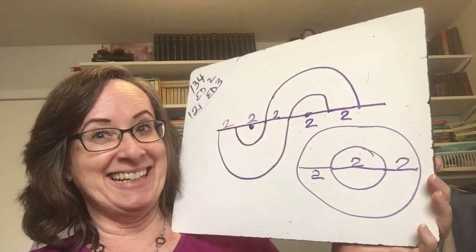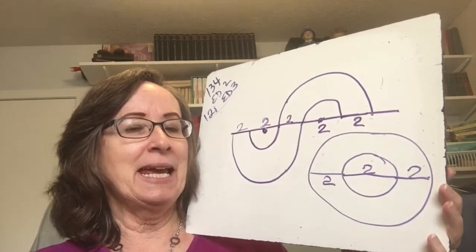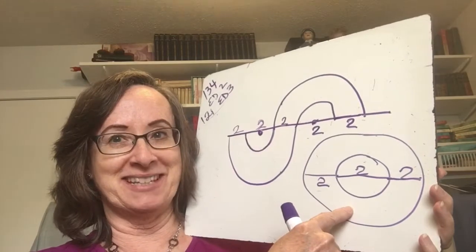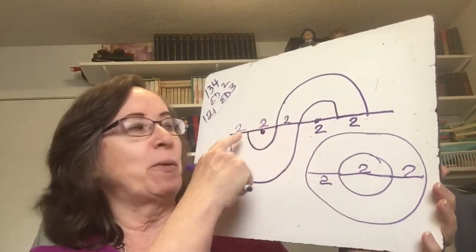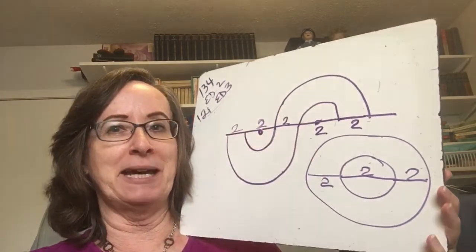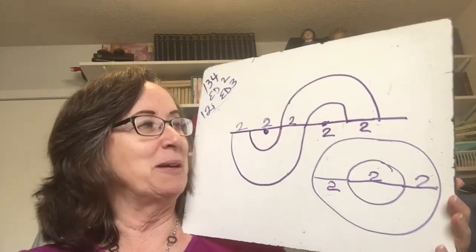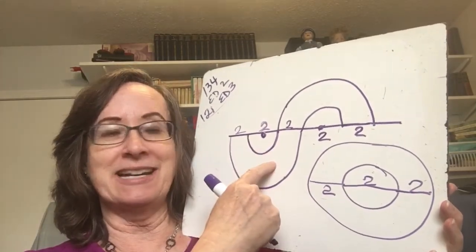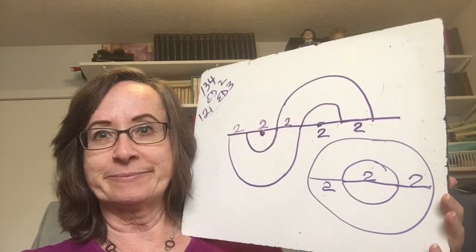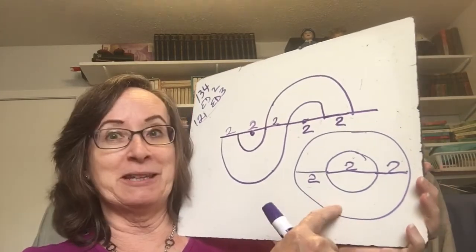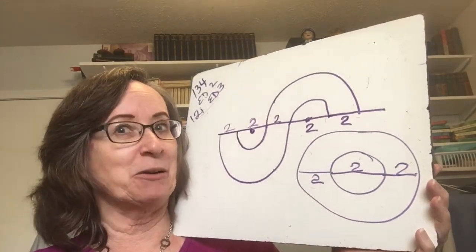Doesn't that look like what it is? Now it's easier to find the area of the donut than it is with the donut cut in half and made into a funny shape, because that's all that is. That's a donut cut in half and slid over. So we're going to put the donut back together to make it an easier math problem.